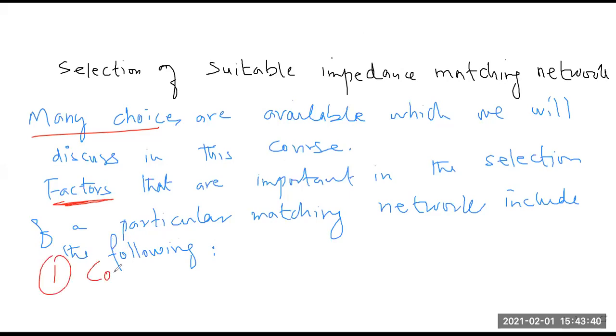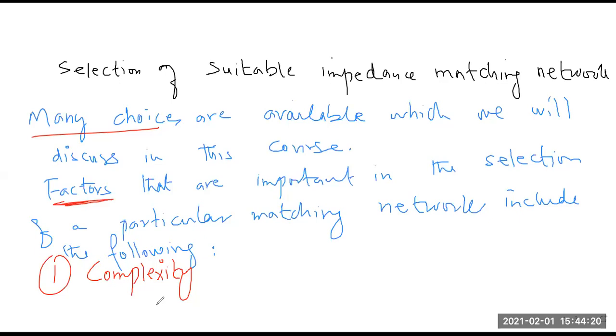So the first factor is always complexity. If a given problem can be solved by a simple circuit, you will always go towards that circuit, even though there may be some other circuit available. Why will you not go for that other circuit? Because it is more complex. Why would you select a complicated circuit if a simple circuit can solve your problem?